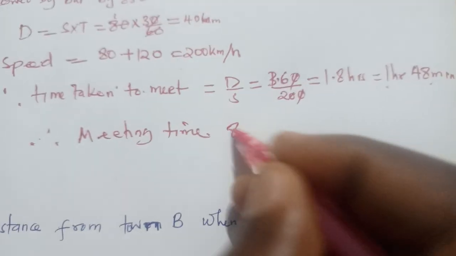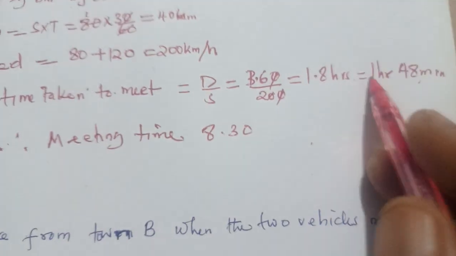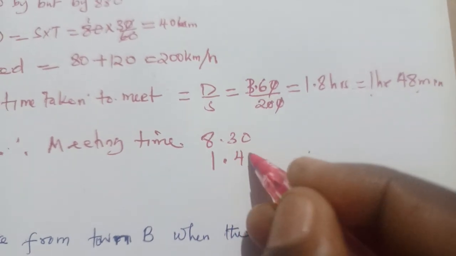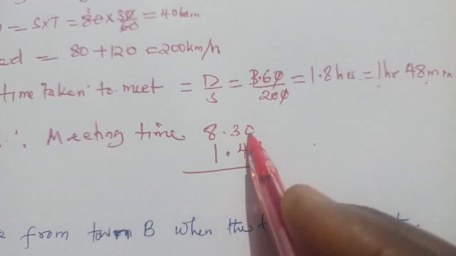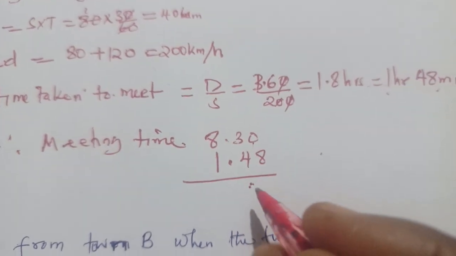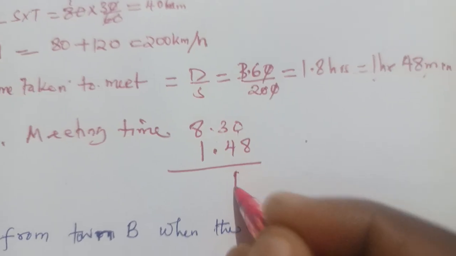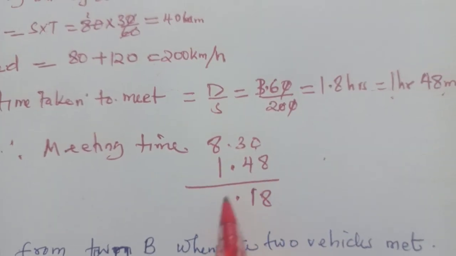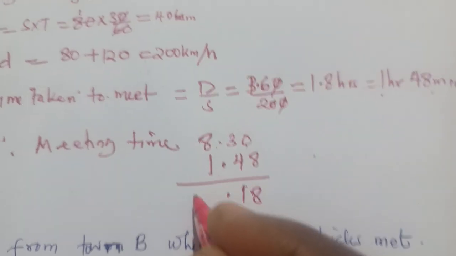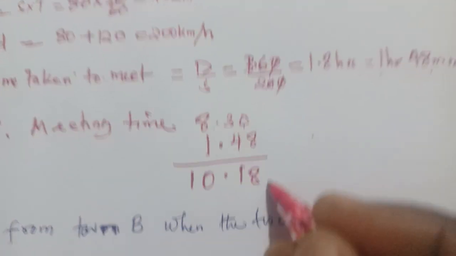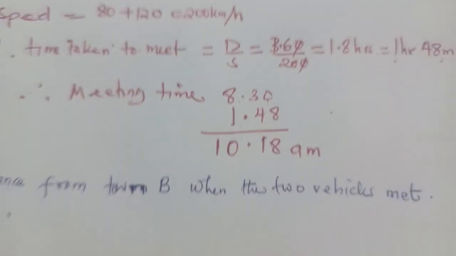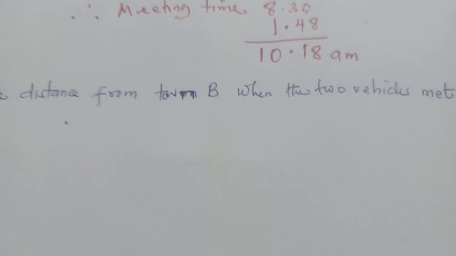So we have 8:30 plus the time taken to meet, which you've calculated there, which is 1 hour and 48 minutes. When you add this, here you'll get 78, and 78 is actually 18 minutes past the hour. So we have 18 and then carry 1. So 8 plus 1 is 9, then 9 plus 1 is 10. So the meeting time was 10:18 a.m. Good.